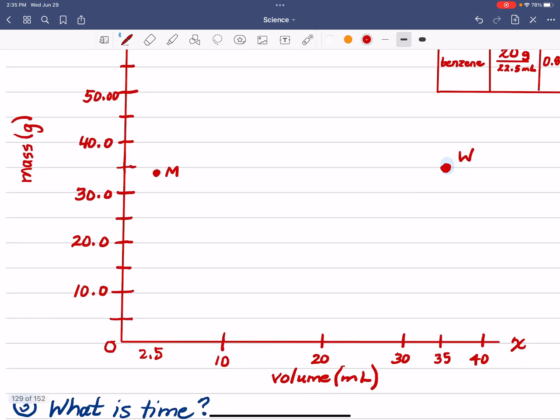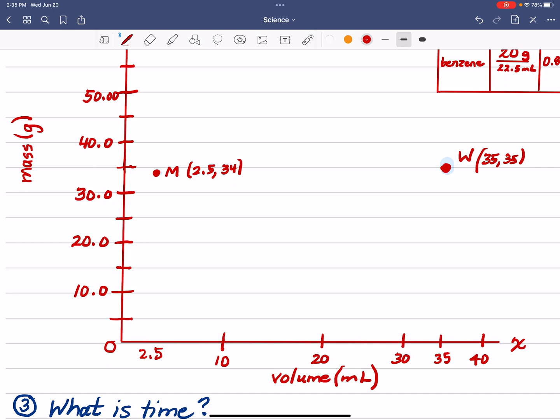So at the same, water's at 35. Remember, water was 35, 35. Mercury is 2.5 and 34. So they're about the same height, but look at how many more milliliters of water are necessary.